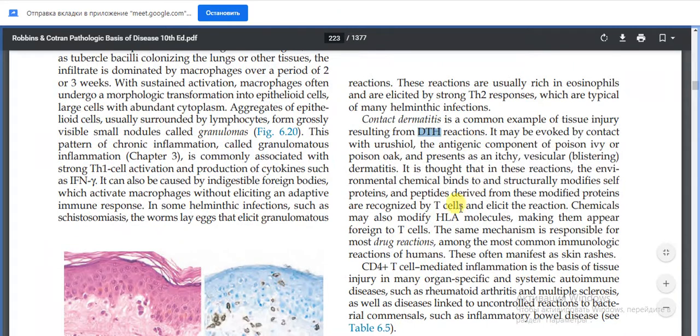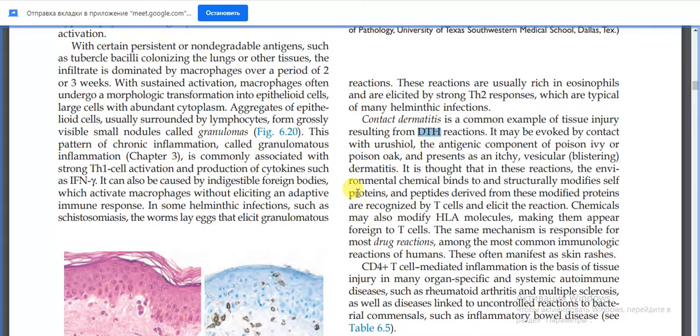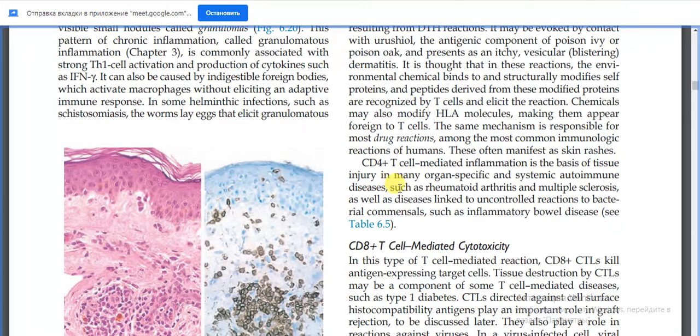Sometimes it may be evoked by contact with urushiol, an antigenic component of poison ivy or poison oak, and presents as an itchy vesicular blistering dermatitis. So contact dermatitis is an example of this.